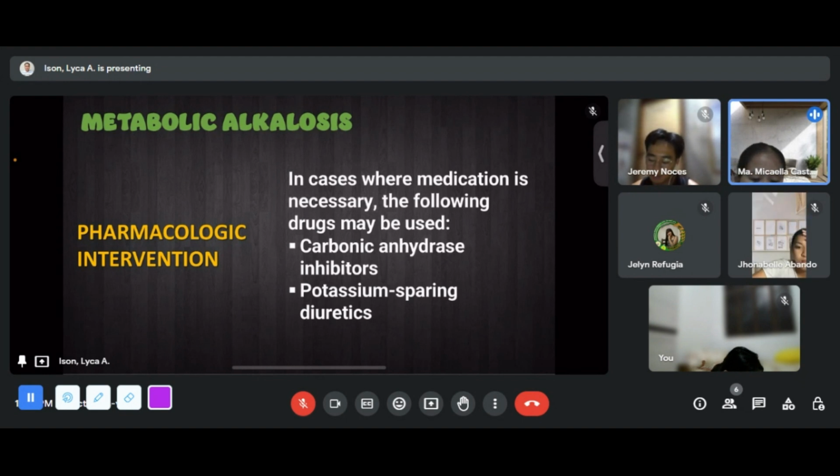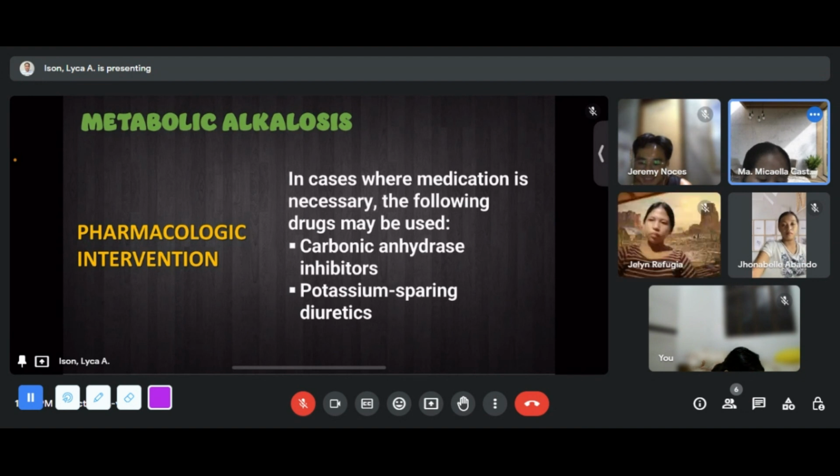So, yung mga common patient with respiratory failure and may delay weaning and mechanically ventilated patients. Carbonic anhydrase inhibitors help to block renal bicarbonate reabsorption and thus reverse metabolic alkalosis.